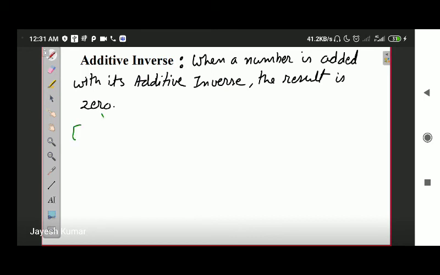For example, find the additive inverse of, let's take the first example, 13 upon 2.